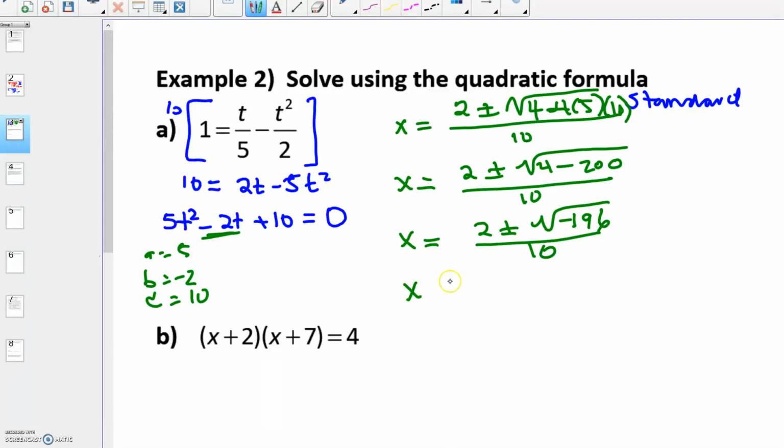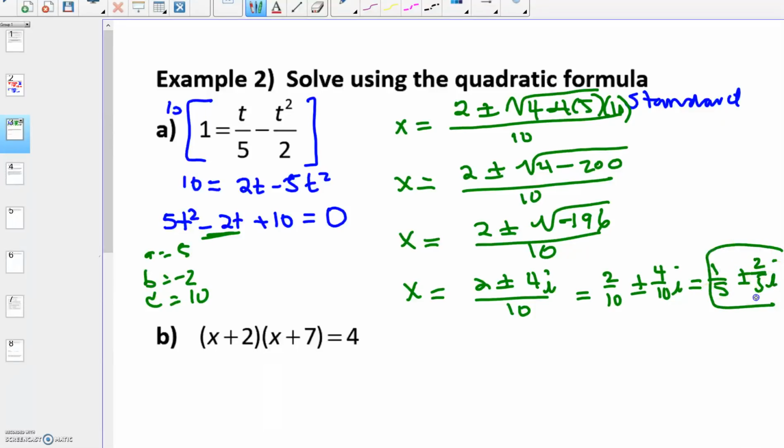So x then is going to be equal to 2 plus or minus, the square root of 196 is 14, and the negative is going to give me an i. So plus or minus 14i over 10. And when we have a complex number, we want to write it as complex. So that's going to be 2 over 10 plus or minus 14 over 10 i. So reduce it, so that's 1/5 plus or minus 7/5 i for that answer.